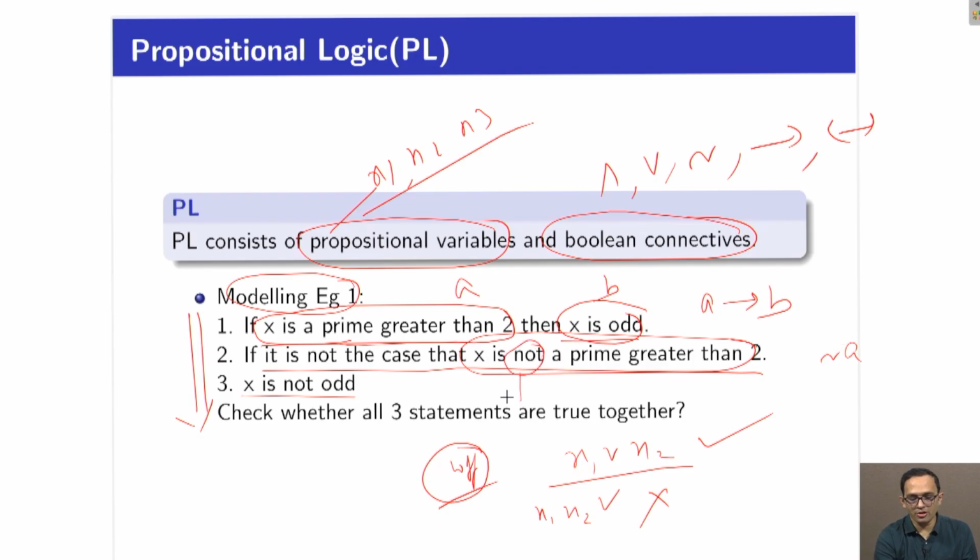If you remove this not here, it says x is a prime greater than 2, which is my A, right. And now I am saying x is not a prime greater than 2, so it is not of A, and I am saying it is not the case, which means negation of negation, right, double negation. And I am saying x is not odd. So, my x is odd is B, so it is also not B, right.